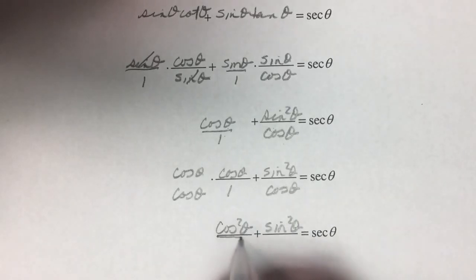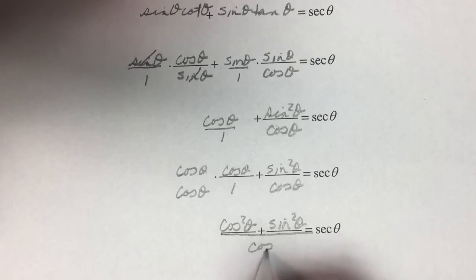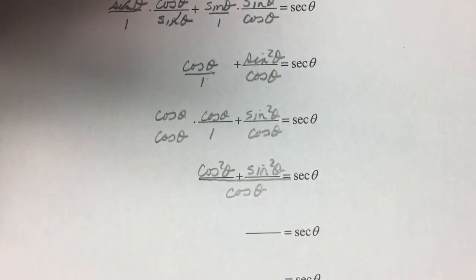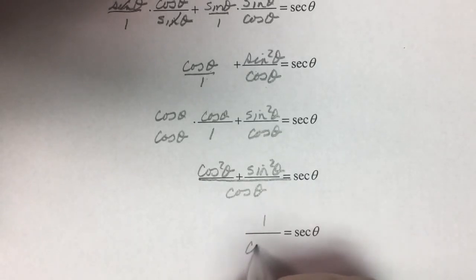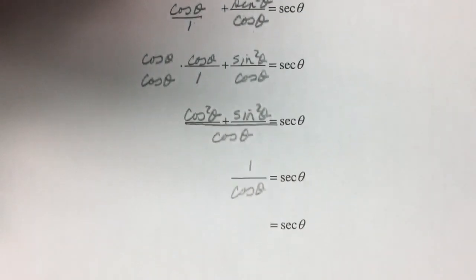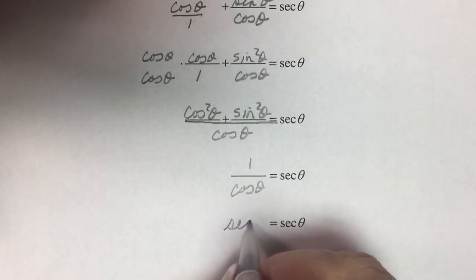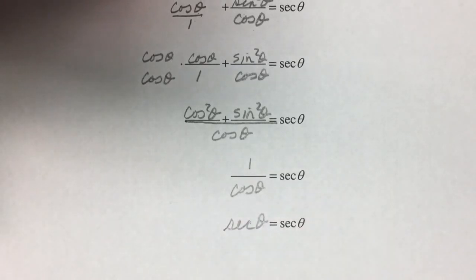That whole thing is going to be over cosine theta. Well, what is cosine squared theta plus sine squared theta equal to? That's your identity. It's 1 over cosine theta. And we know because of our reciprocal identities, 1 over cosine theta is equal to secant theta. So we've taken that left-hand side and shown that it is actually equal to secant theta.